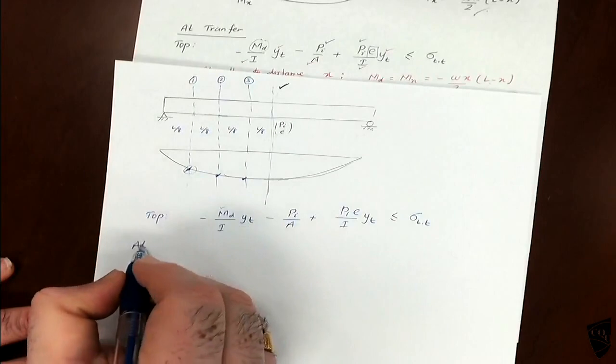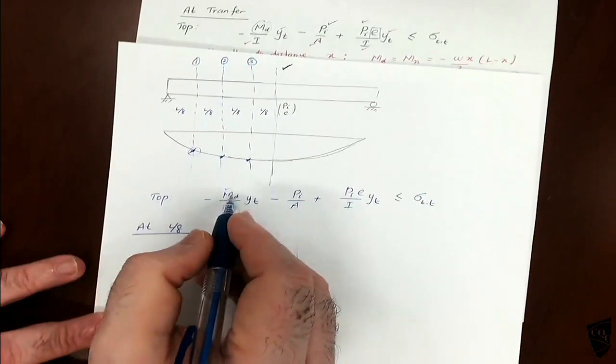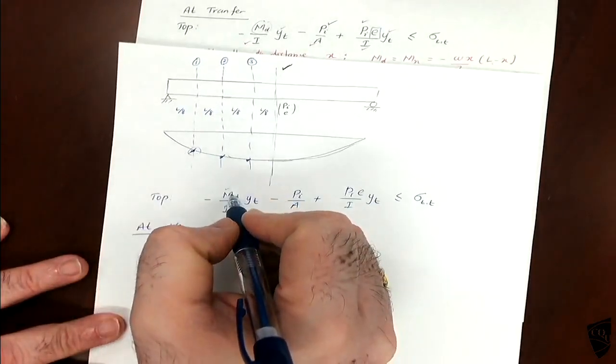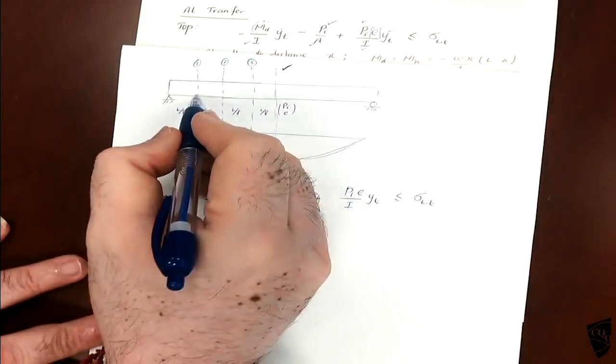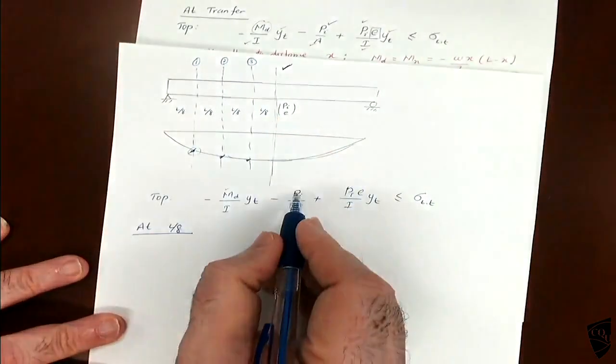So at L by 8, you calculate, you find out the moment and substitute here, and at this one you can find out the friction loss and put it here.